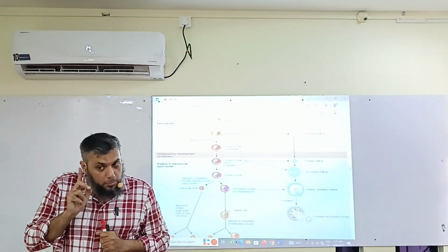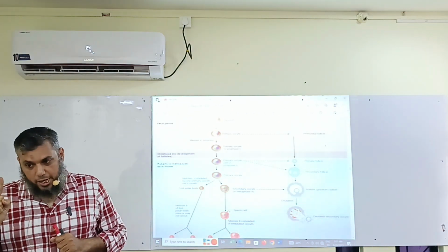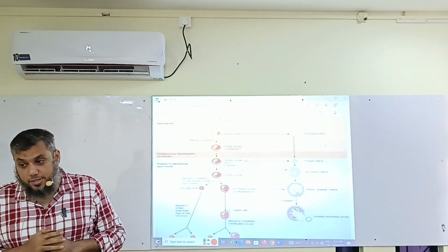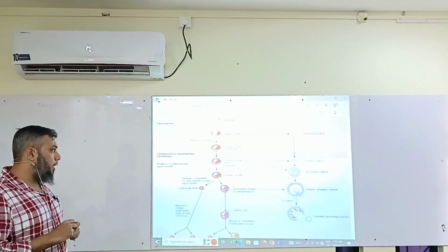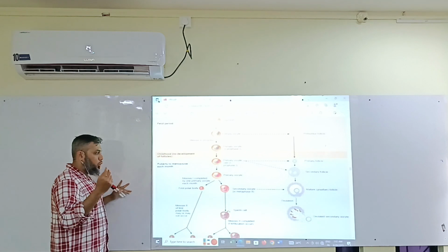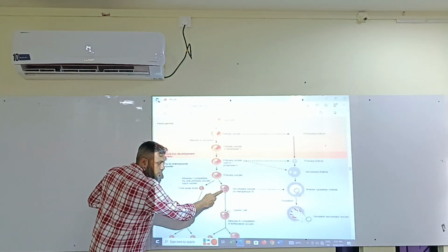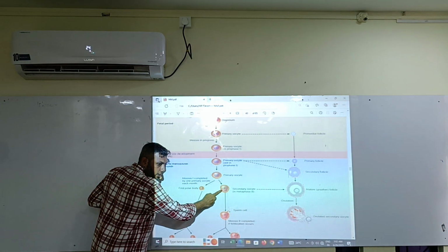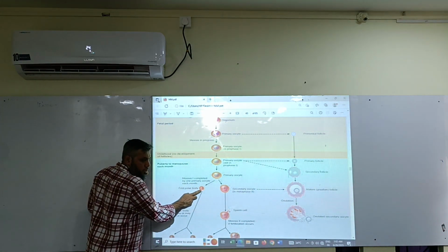So every month, normally, one primary oocyte will complete its meiosis 1, resulting in the formation of two cells. One cell is called the secondary oocyte and the other is called the first polar body.